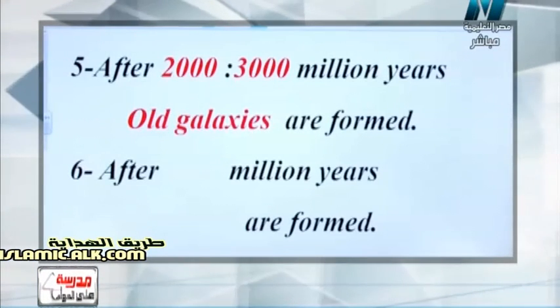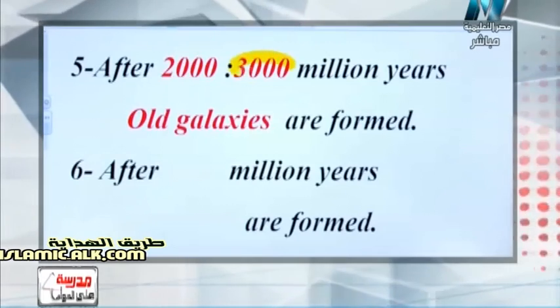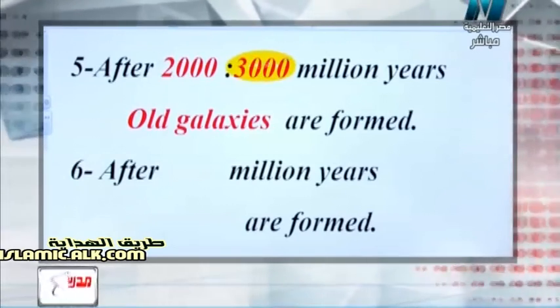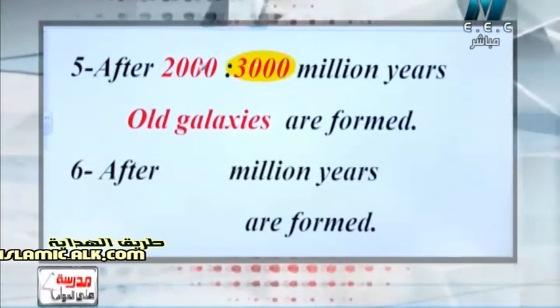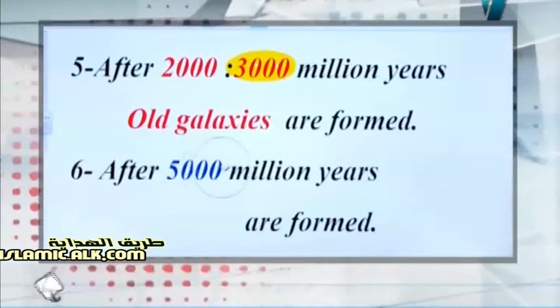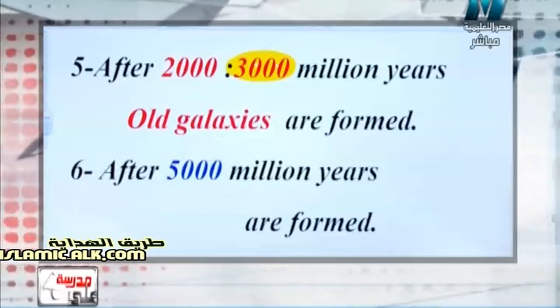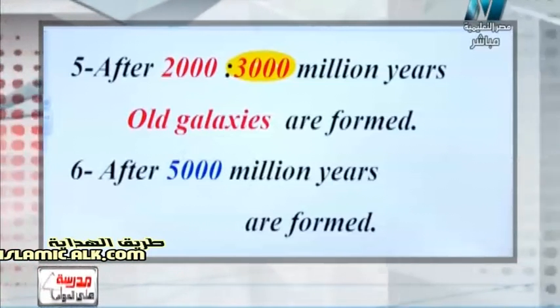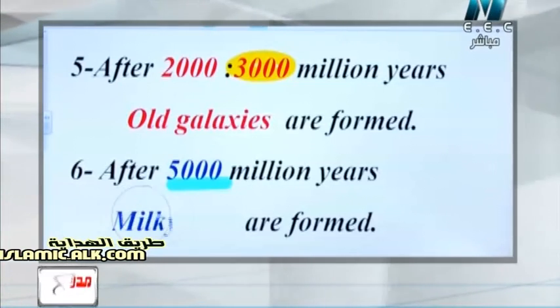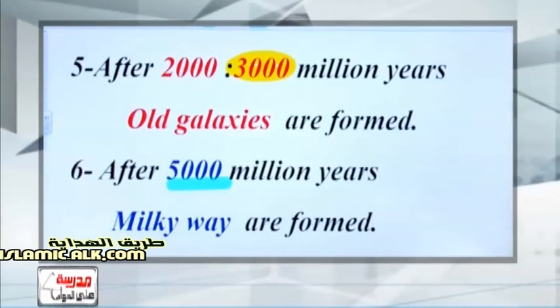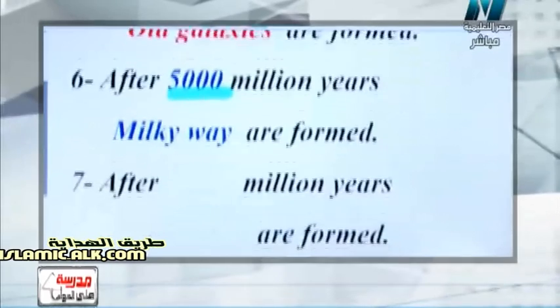We must remember this number. We can say 3,000 million years, the old galaxies are formed. But after 5,000 million years, we should remember what is formed here: the Milky Way galaxy is formed.